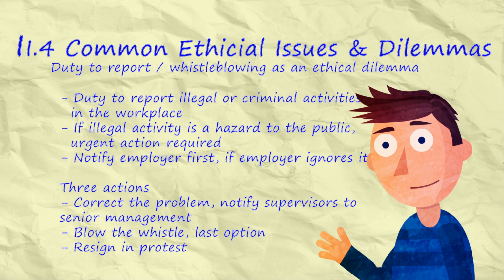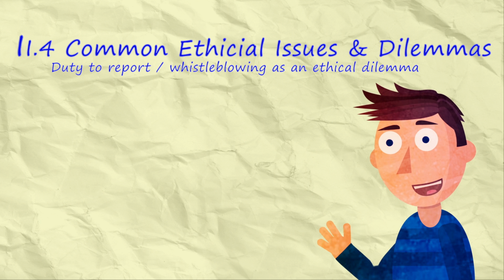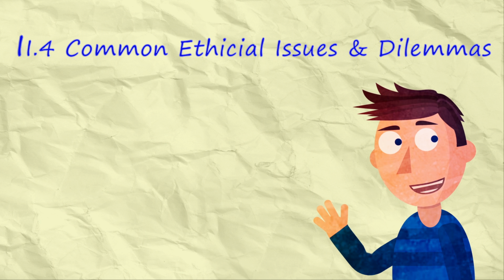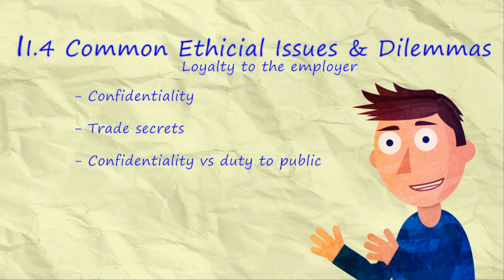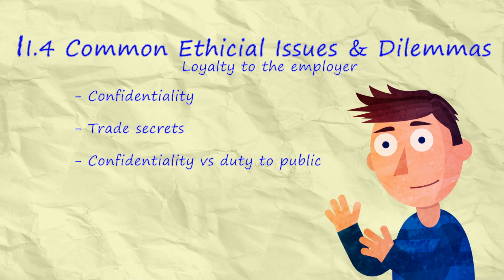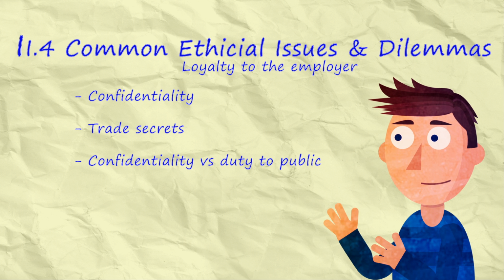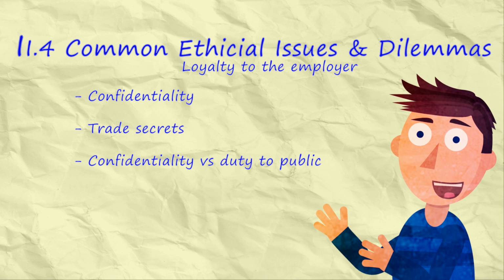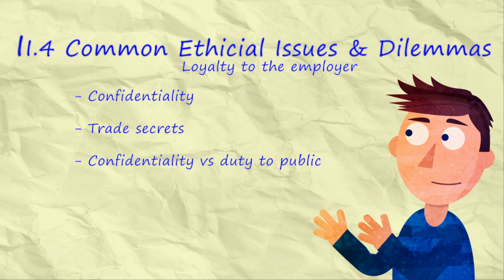Another area of potential ethical dilemma is loyalty to the employer. The professional has an obligation to keep the client's affairs confidential, and this may imply that the professional had to sign a confidentiality agreement.